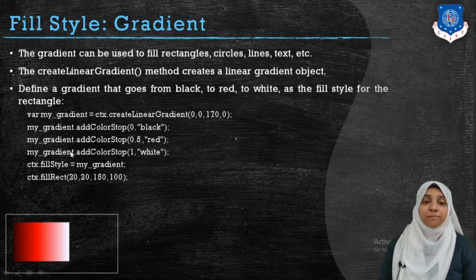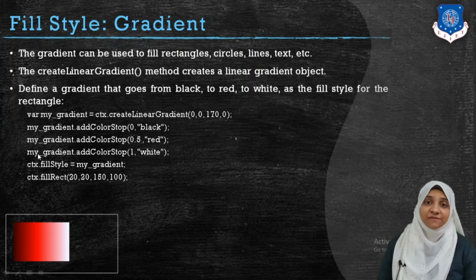That's why we write myGradient.addColorStop 0.5, red. It is perfectly okay to define a gradient with only two colors, starting with black and going up to red. No white component is included. In that case, we will use 0 for black and 1 for red. I'll show you an example to demonstrate the use.